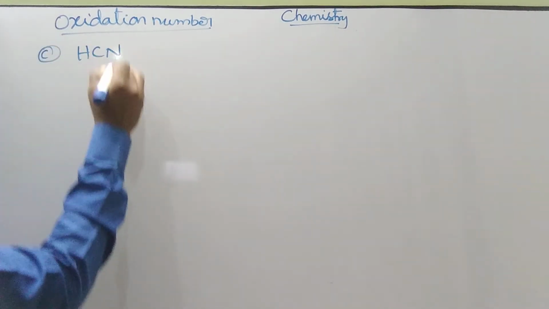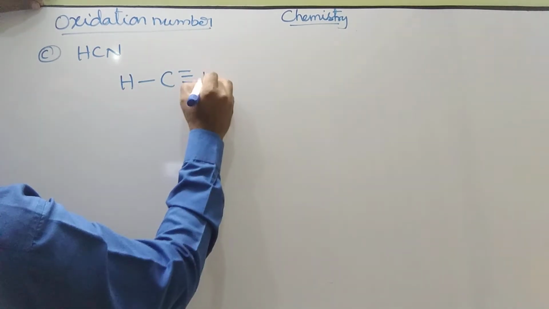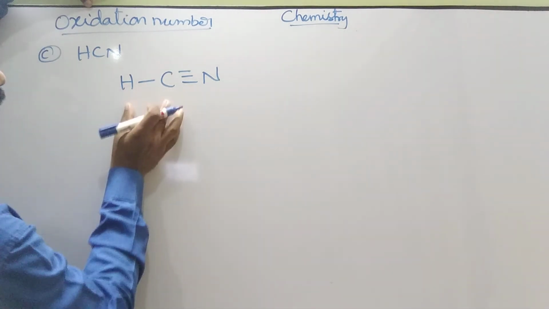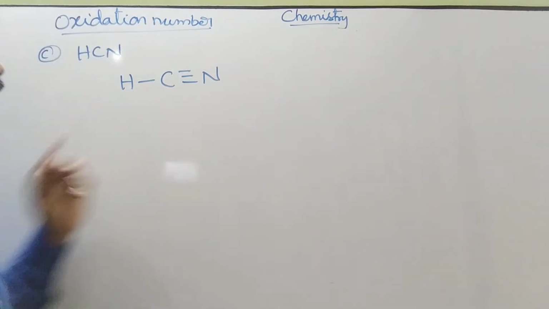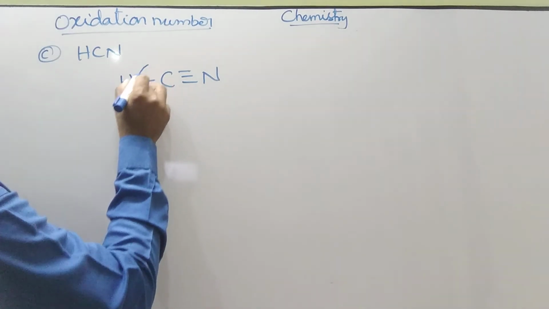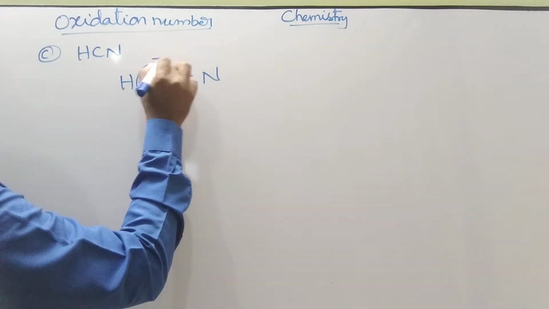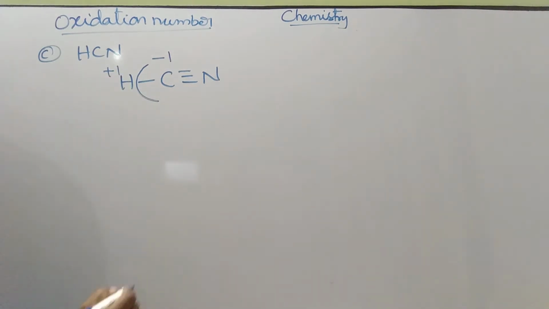And look at one more example. Hydrogen cyanide, HCN. In HCN, H single bond C triple bond N. In this case, look at first hydrogen. Hydrogen and carbon, which is more electronegative? Carbon is more electronegative compared with hydrogen. That's why this bond is accepted by carbon. So here, carbon oxidation number is -1 and hydrogen is +1.